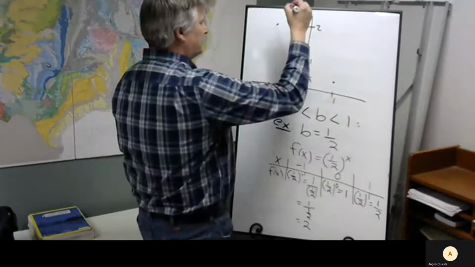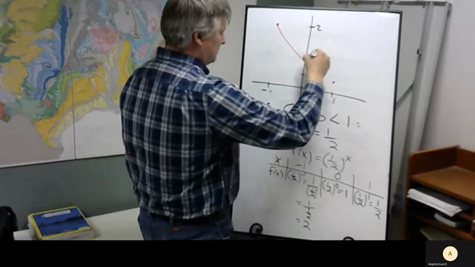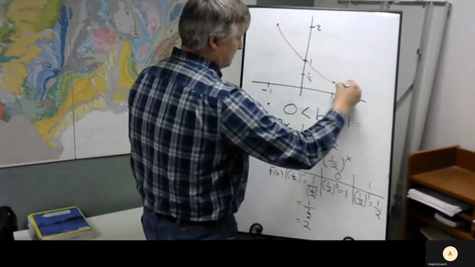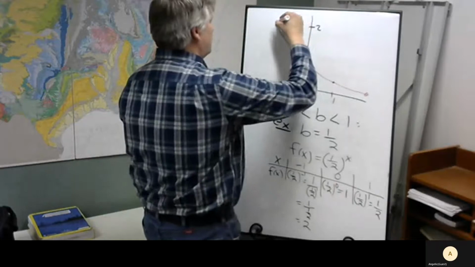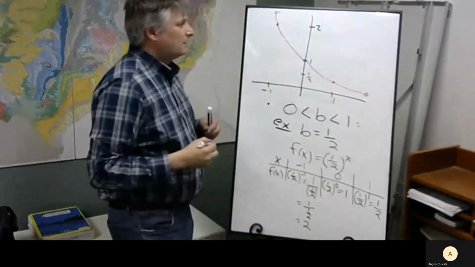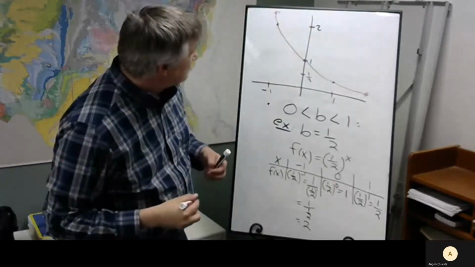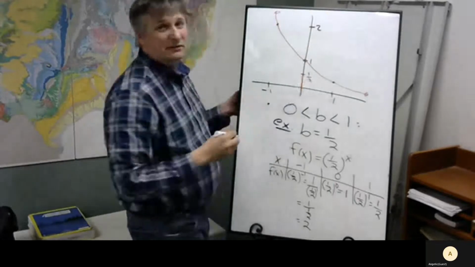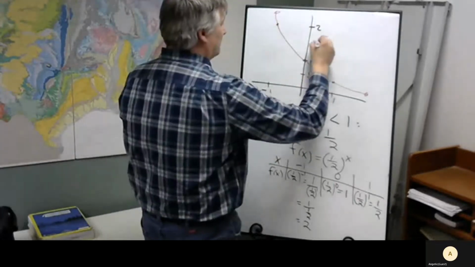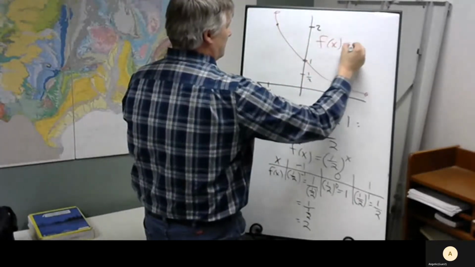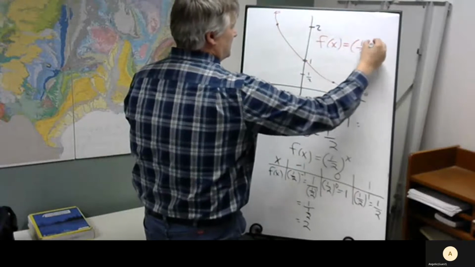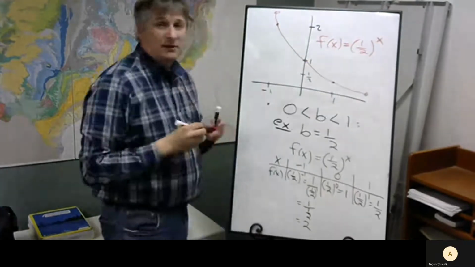So we're going to connect these points. And what we're going to get is something like this, barring artistic license. But this is how we get our 1/2 to the x.